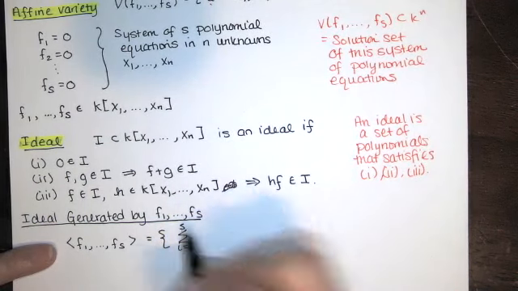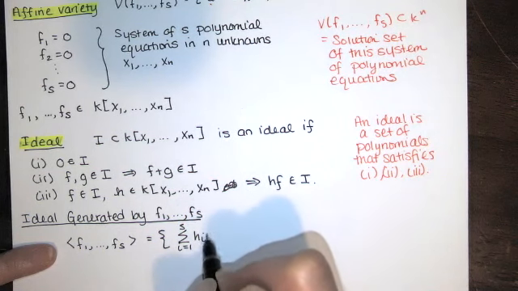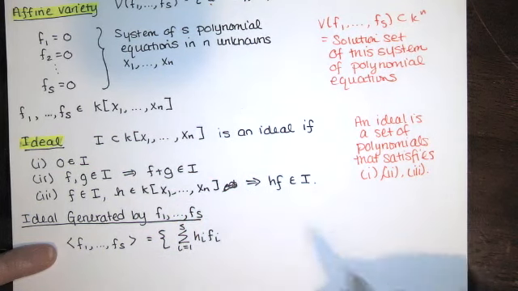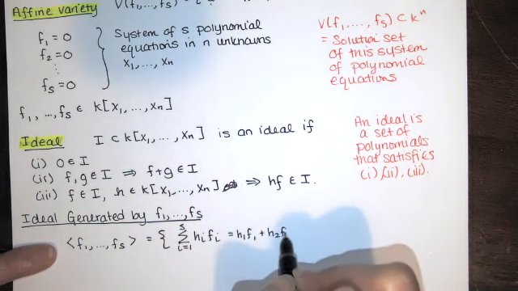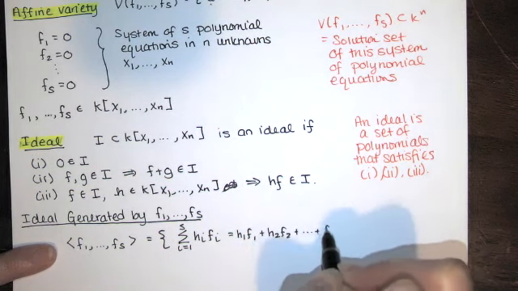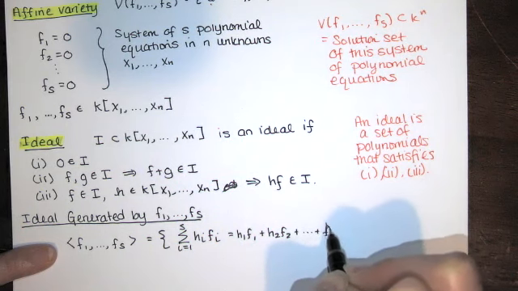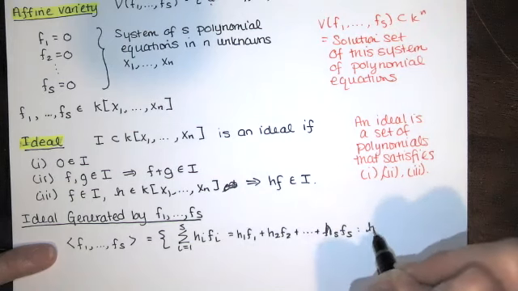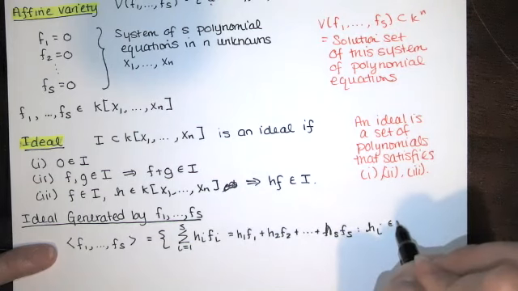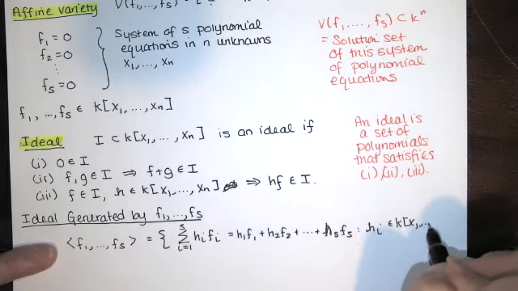It's the sum as i goes from 1 through s of h sub i times f sub i, or if you prefer, you can expand it. That's h1 f1 plus h2 f2 plus h3 f3 all the way through h sub s f sub s, where the h sub i are just polynomial functions in that ring. So they're any old polynomial.